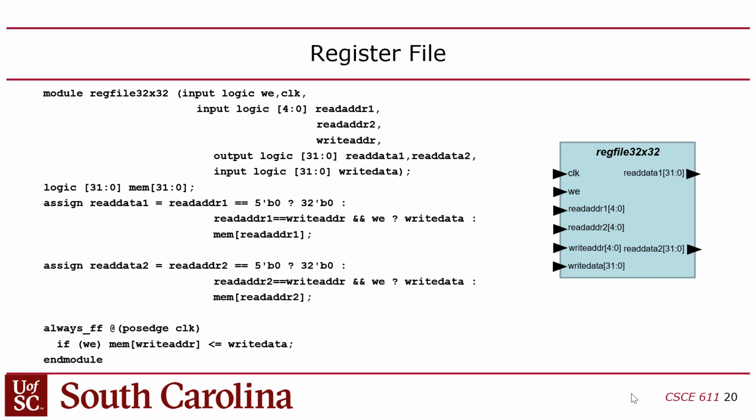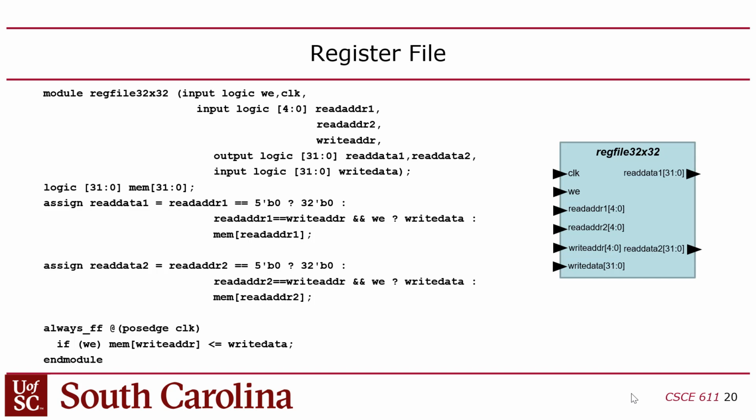Oh, and I mentioned last time too, the reads are asynchronous, so I used an assign, because assign is only for combinational logic. I could have put the reading in an always block, and in fact, I think the register file that we give you actually does do that. If you look at the register file in the project skeleton in the tar file, it'll look a little different than this, because I wrote this one and my student Charles wrote the other one, and Charles didn't like my coding style.